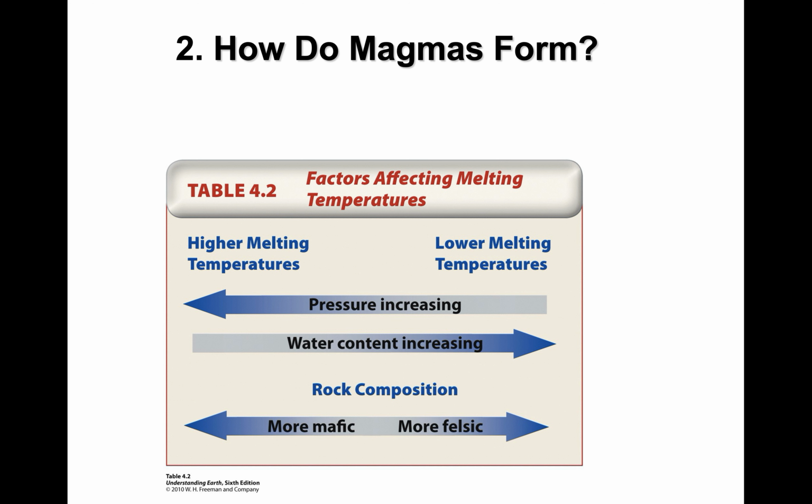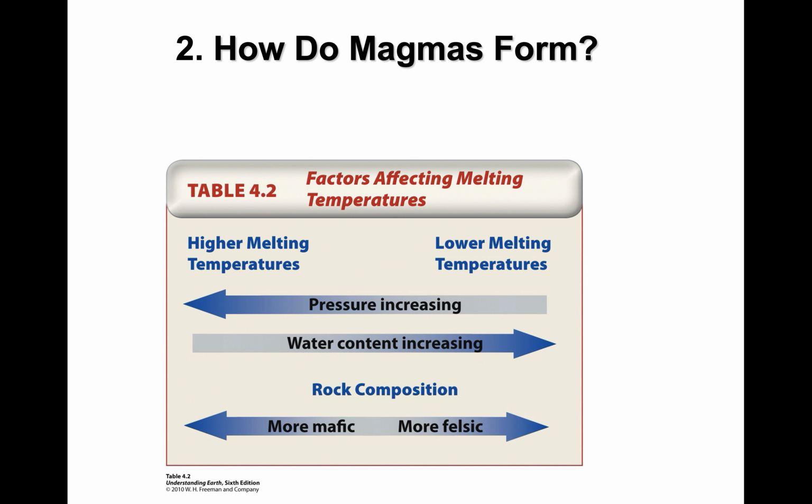When we are looking at the water content, the water content is higher when we are expecting lower melting temperatures, and at higher melting temperatures we are expecting a lower water concentration.